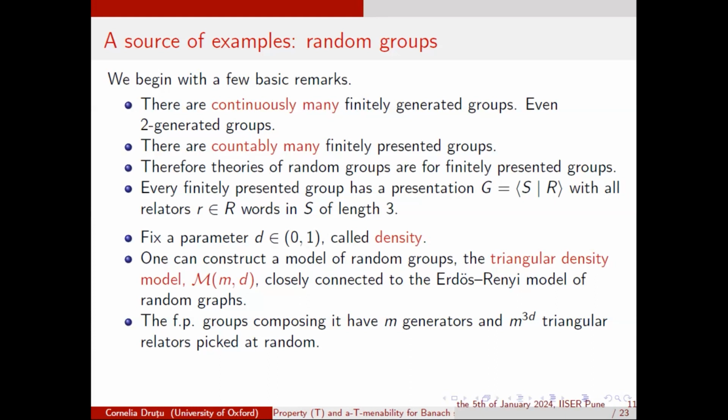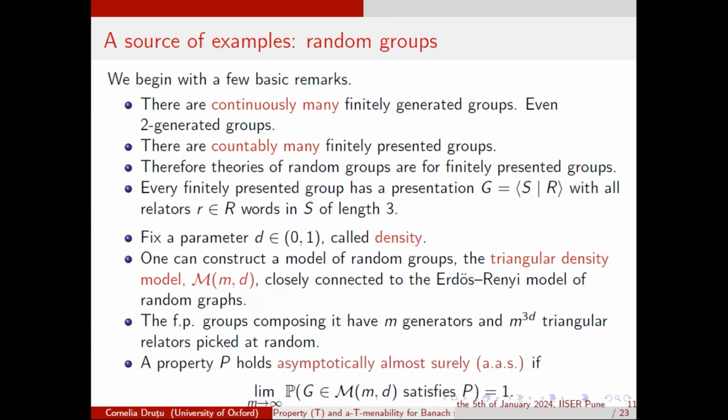Now, of course, there is a small objection: we don't seem to be working with groups, we seem to be working with presentations. But this is not a problem, because one can easily show that the groups that are isomorphic compose relatively small parts. So essentially, we are working with groups.